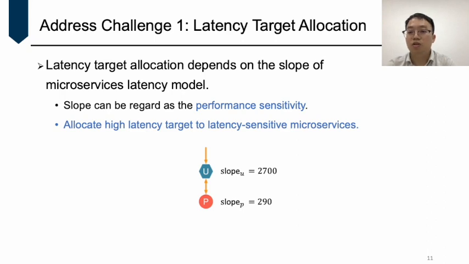That is, Microservice U is more latency sensitive. Allocating fewer resources on Microservice U can save allocated resources on Microservice P greatly and reduce the end-to-end latency significantly. Therefore, our system will allocate a higher latency target to the latency-sensitive microservice.